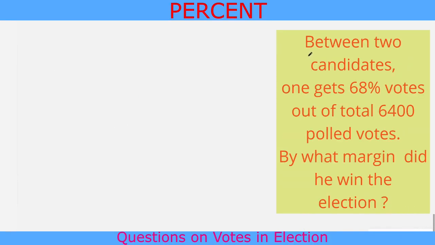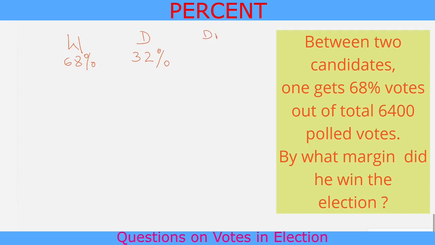Our question is, between two candidates, one gets 68% votes out of total 6,400 polled votes. By what margin did he win the election? Winning candidate gets 68% votes. Therefore, the defeated candidate gets 32% votes, that is 100 minus 68 is equal to 32% votes.